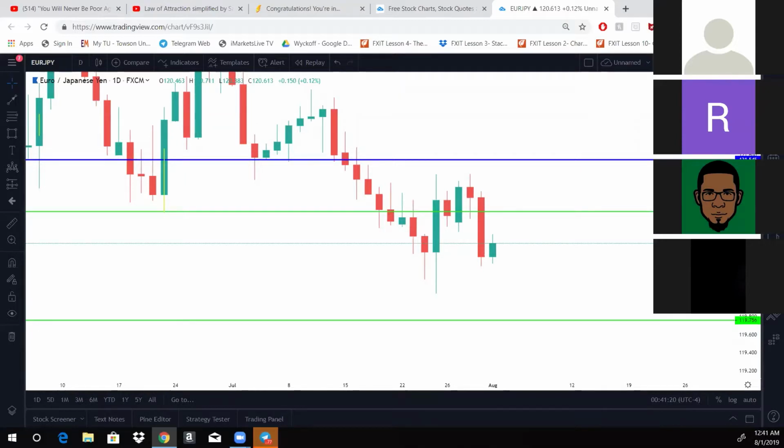Because trust me, I tried so many strategies: the moving averages, MACD, RSI, divergence. It works really well, but I try to make it as simple as possible and just go with it.